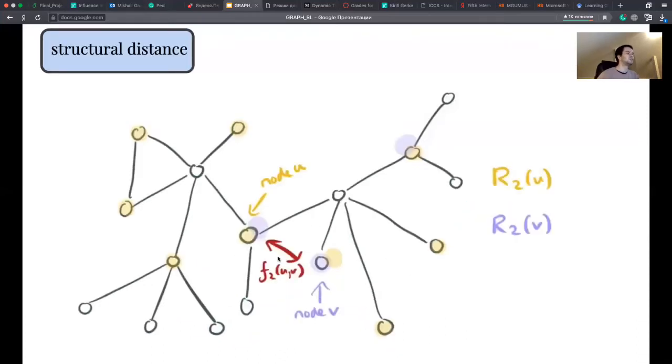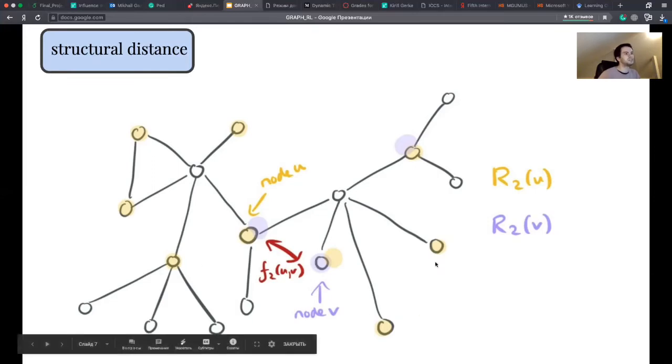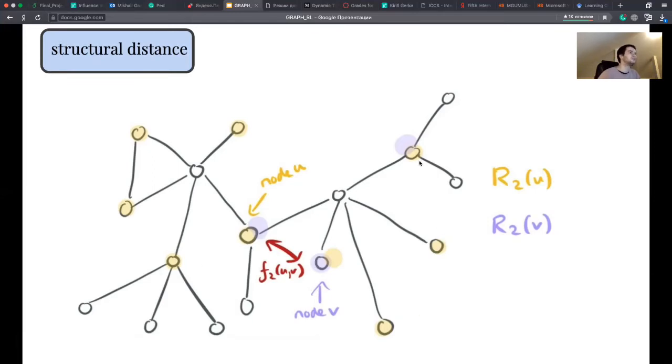If we want to compare two different nodes and analyze their similarity, let's consider the example for this graph again, for the second hop, second circle. Here we need to estimate the number of vertices in the second circle of this graph. For node U it's 8, for node V it's 3.